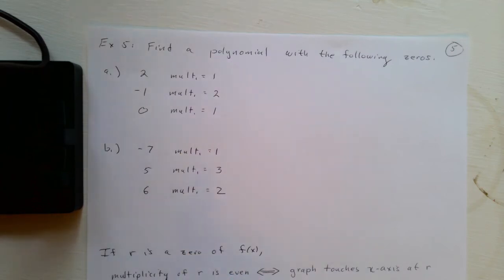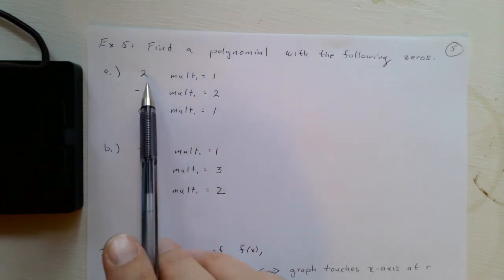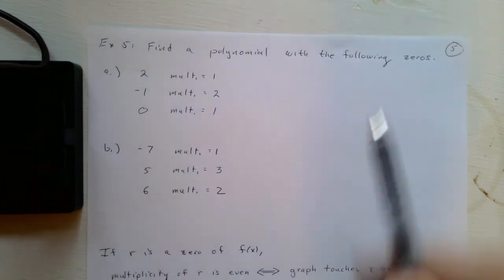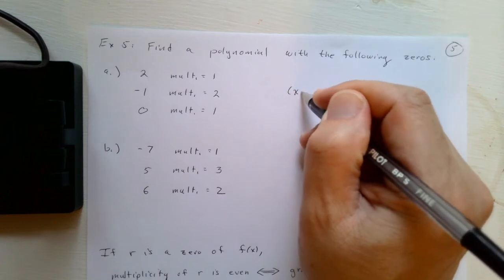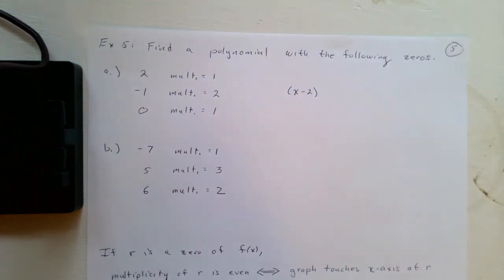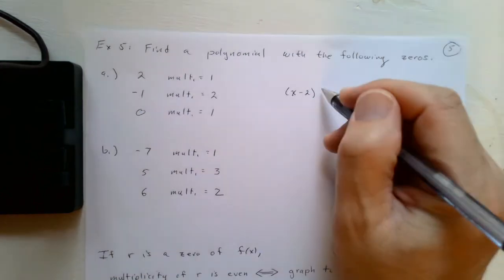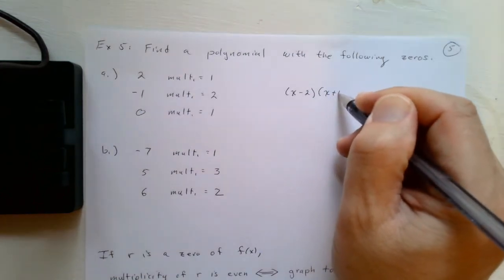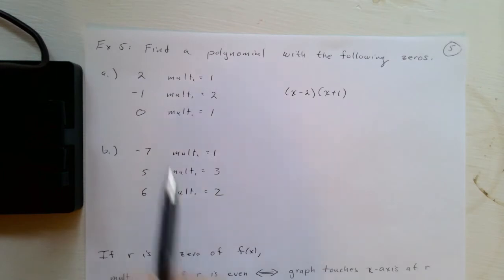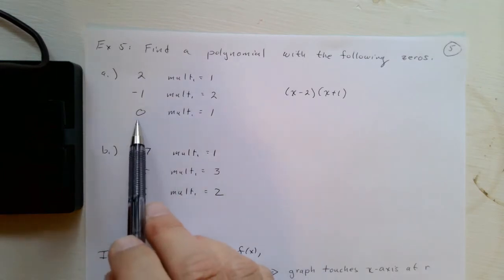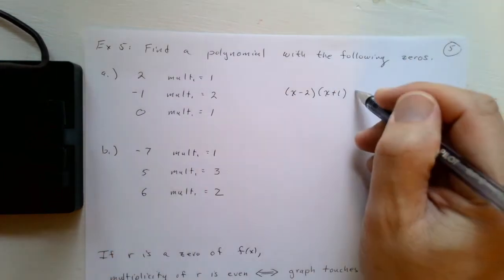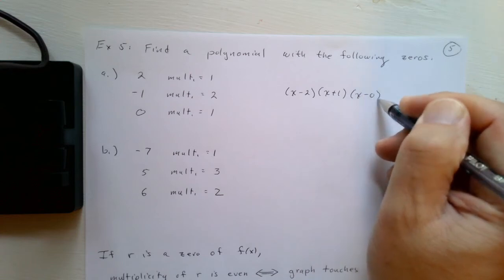This isn't as hard as it might seem, because any polynomial with 2 as a 0 is going to have x minus 2 as a factor. Any polynomial with negative 1 as a 0 has x plus 1 as a factor. And any polynomial with 0 as a 0 must have x minus 0 as a factor.